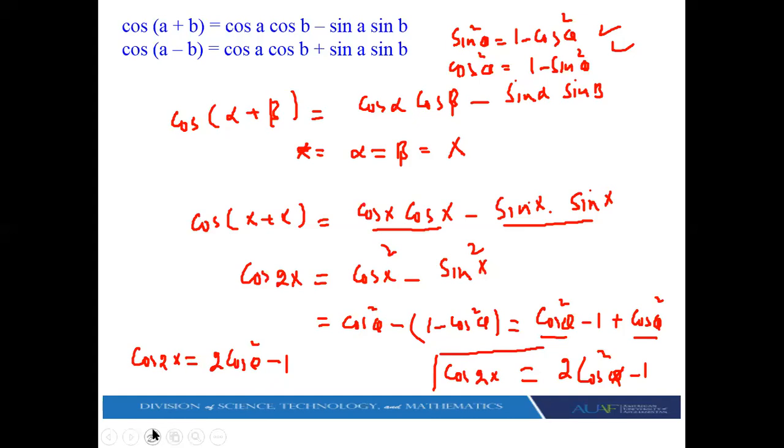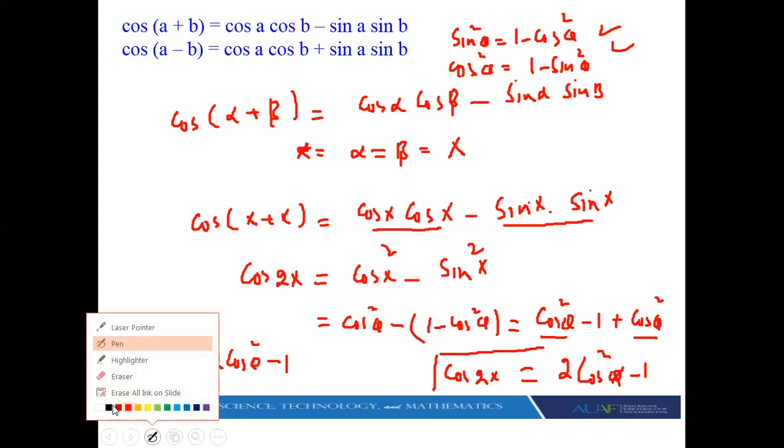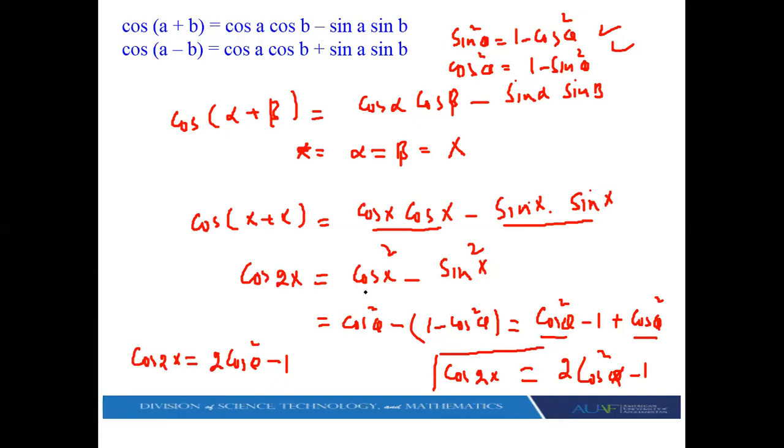But if we replace cosine square with 1 minus sine square theta, then we have the formula for cosine 2x equal to 1 minus 2 sine square theta.